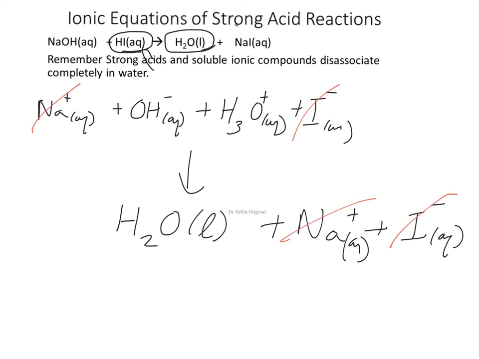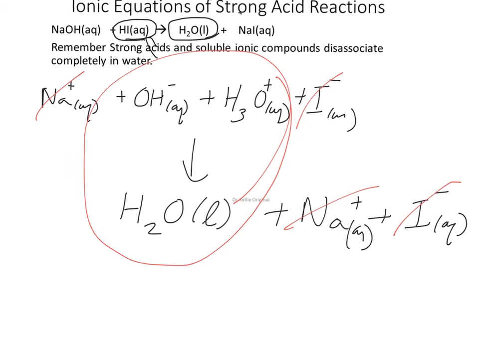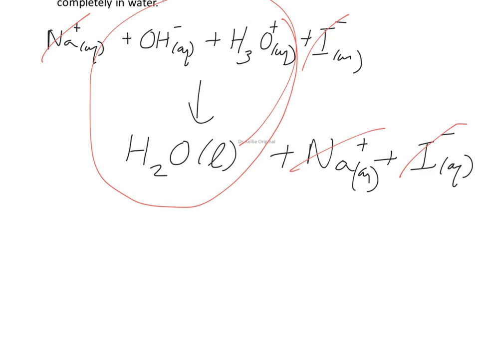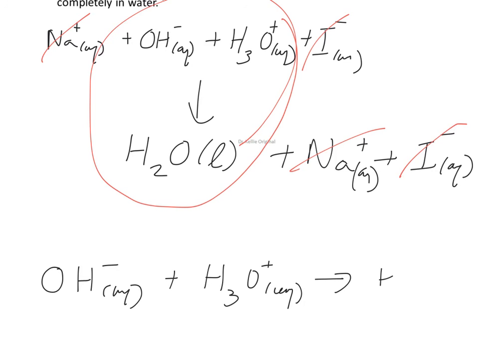So we can cross those out, and when we do, we're left with a net ionic equation, and our net ionic equation tells us that hydroxide ion plus the hydronium ion yields water, and we need to balance. There we go. So there's our net ionic equation.